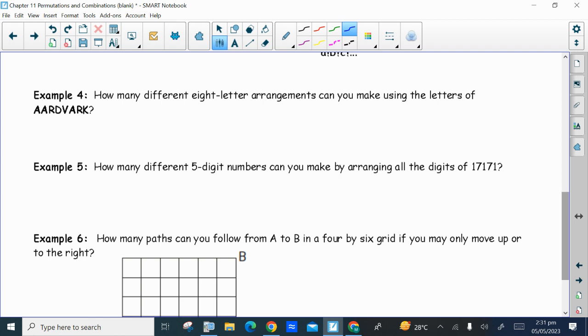So if we want to get the number of different 8-letter arrangements from the letters of the word aardvark, there are 8 letters which can be arranged in 8 factorial ways, but we have repetition. There are 3 A's, so you have to divide by 3 factorial. There are also 2 R's, so you also have to divide by 2 factorial.